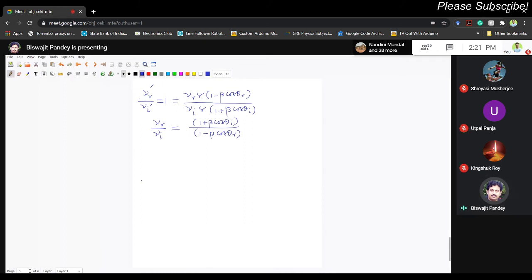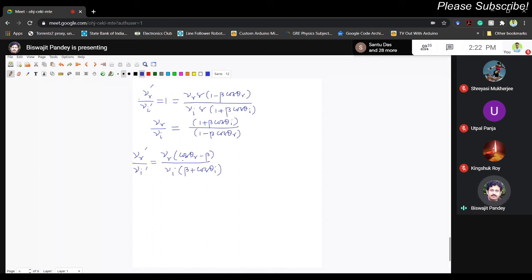Let me see how much time. Okay, still 10 minutes. And then if I take the ratio of the second equation with the fifth equation, I get nu r prime by nu I prime equal to nu r (cos theta r minus beta) divided by nu I (beta plus cos theta I).